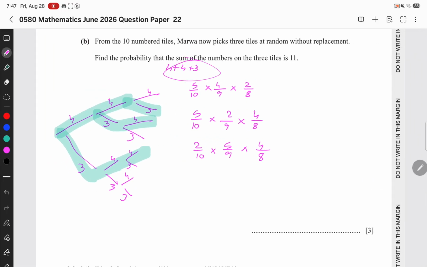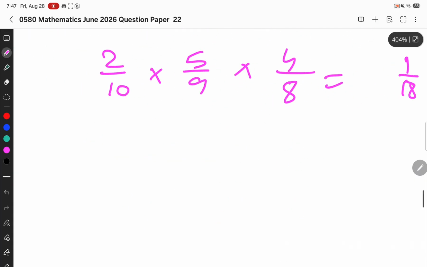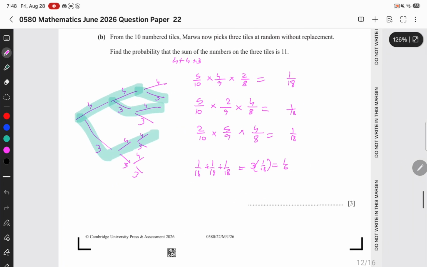Because you can permute these three ways, multiplication is commutative. Hence, you get three answers. These all evaluate to 1 over 18. Hence, our answer is 1 over 6.